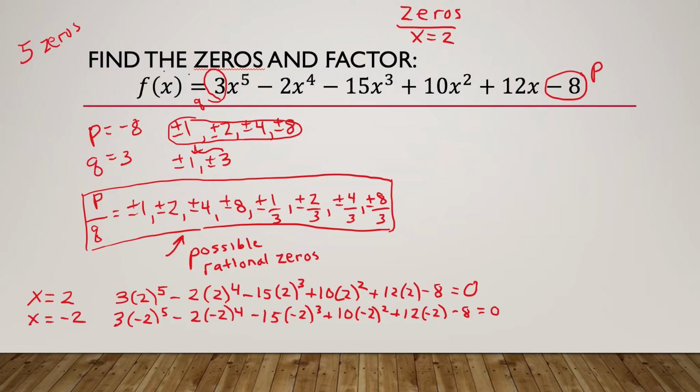All right, so that's also equal to 0, so that one is also a good choice. I'm going to go ahead and put it in my list up here. -2 is a 0. And then the third one that I'm going to check is -1. Again, I'm going to take my function, and everywhere there's an x, I'm going to put a -1.